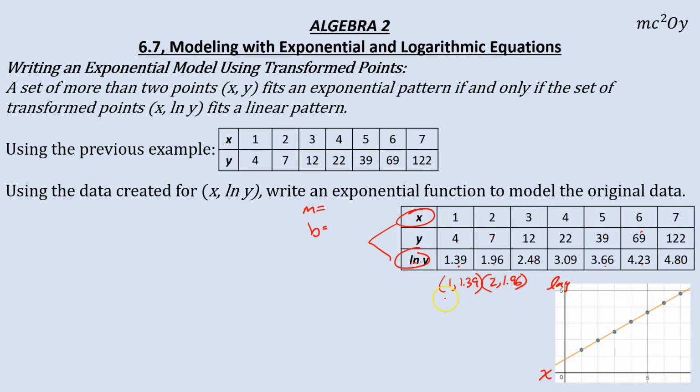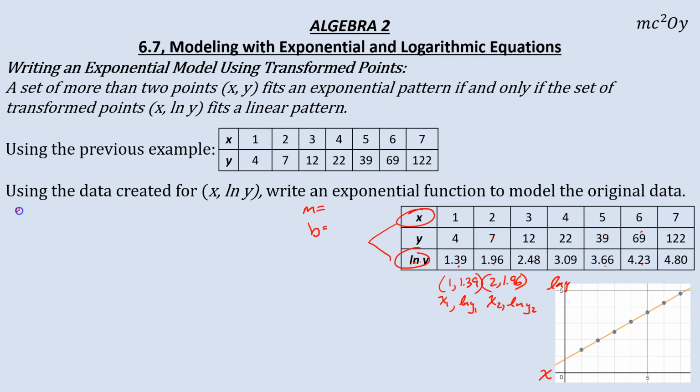Okay, and look at x sub 1, x sub 2, and then rather than calling it y sub 1, it's ln y sub 1 and ln y sub 2. And you can use your slope formula then, right?